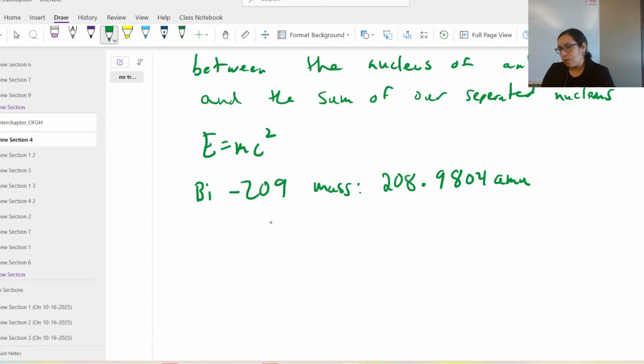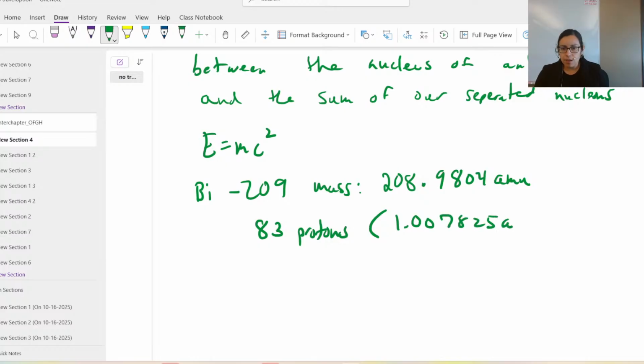And so the way this works is, if we were to get this appropriate isotope, that would be 83 protons. And so the mass of one proton is 1.007825 AMU.